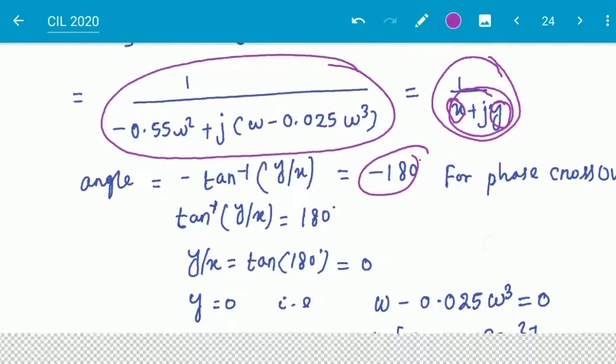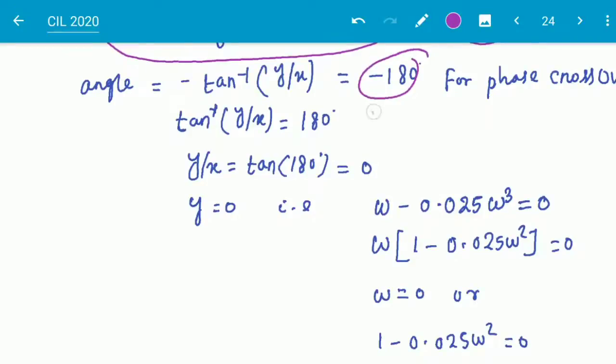So from this condition we get that y is equal to 0, because here minus will be plus, tan inverse y by x is equal to 180 degree, that means y by x is equal to tan 180 degree, which is equal to 0, and hence y is equal to 0.